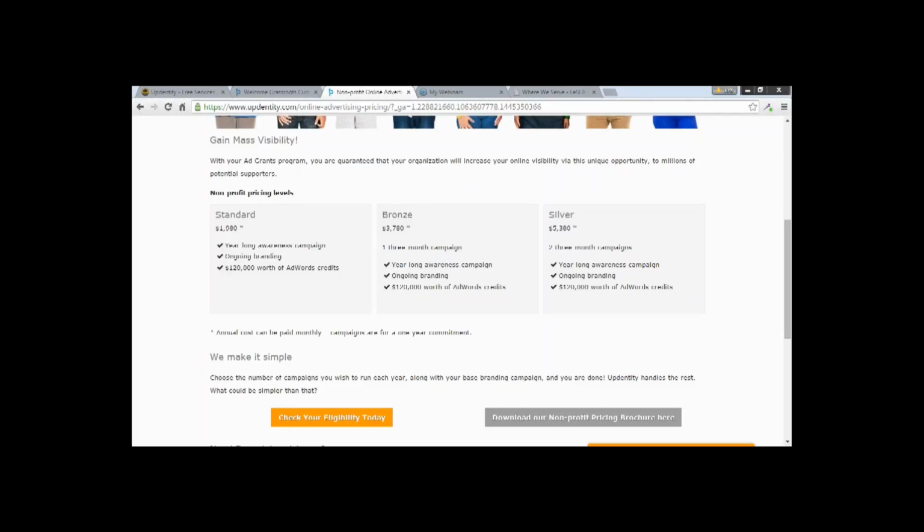Now, if you're running one of the 3-month campaigns, such as a donation campaign or newsletter sign-up campaign, we report on those conversions as well. So you'll actually see, hey, there were 15 donations this month as a result of our ads, or you received a couple of hundred email signups because of the ad, that type of information.